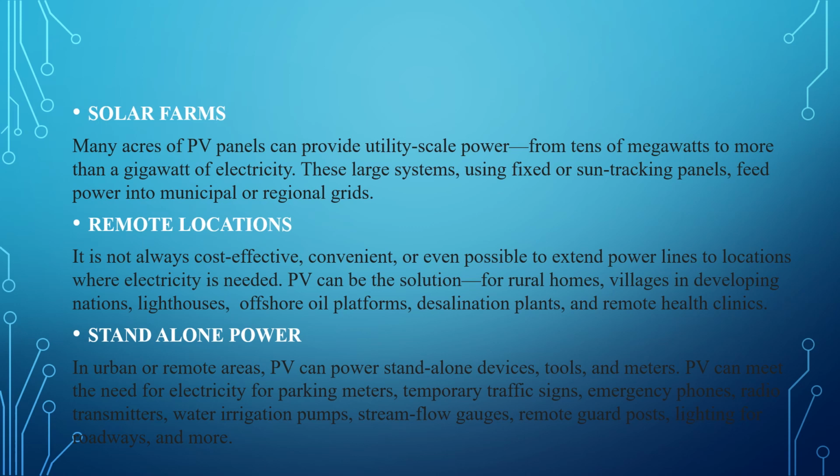And then next moving to the solar farm part, many acres of PV panels can provide utility-scale power from tens of megawatts to more than a gigawatt of electricity. These large systems using fixed or sun-tracking panels feed power into municipal or regional grids.